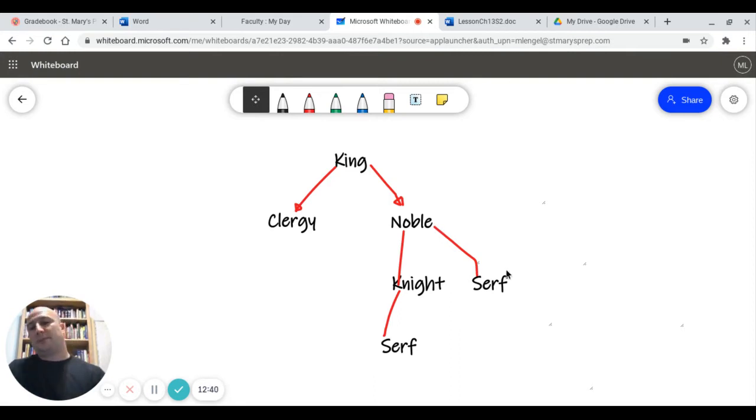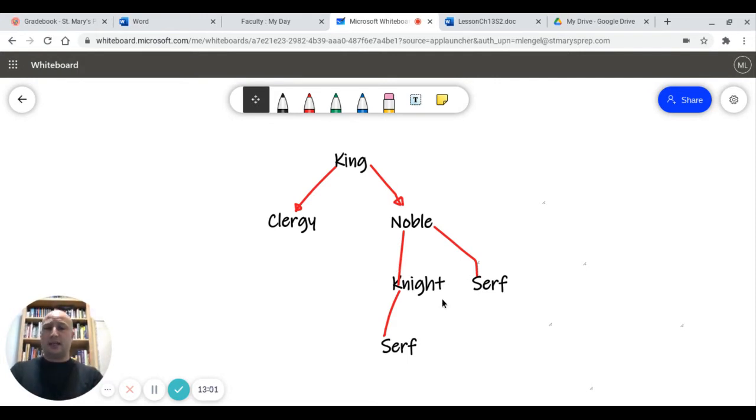Now, nobles have these people called serfs who are like your common folk back in the Middle Ages in the feudal society. They're your general peasants, your day laborers. They're really close to slaves. They're not technically slaves, but being a serf means you cannot leave the land that you're born on. So really, you're kind of owned by the noble.